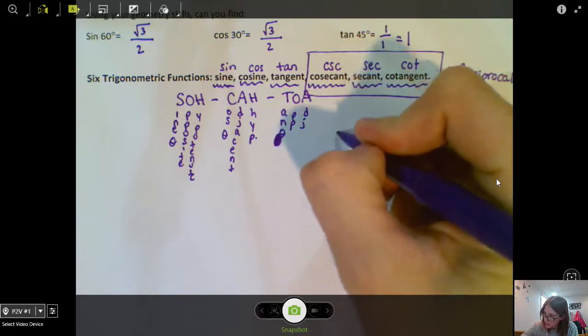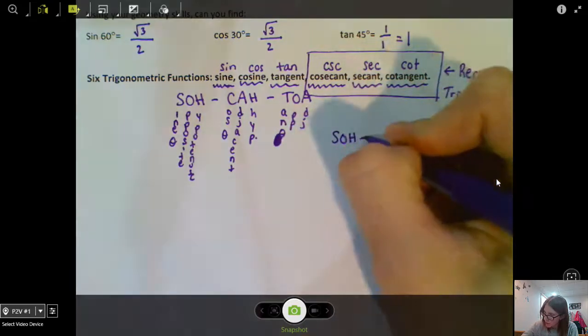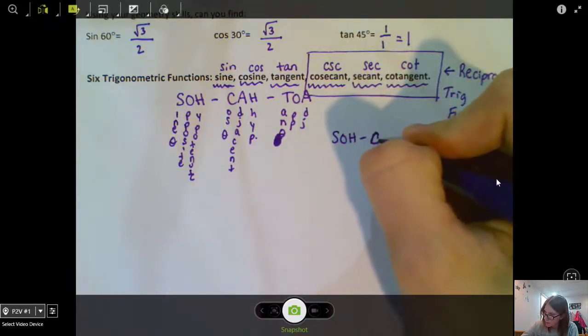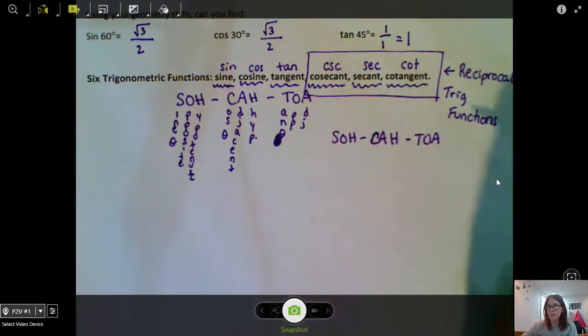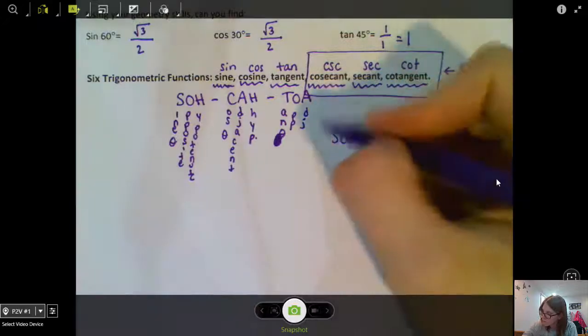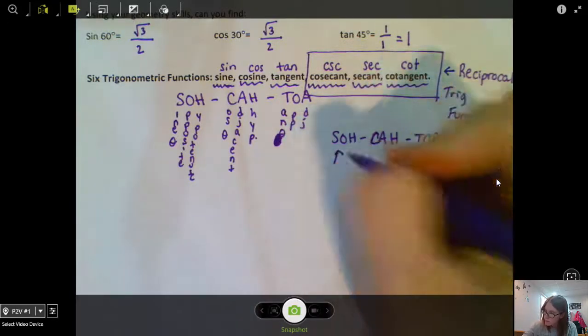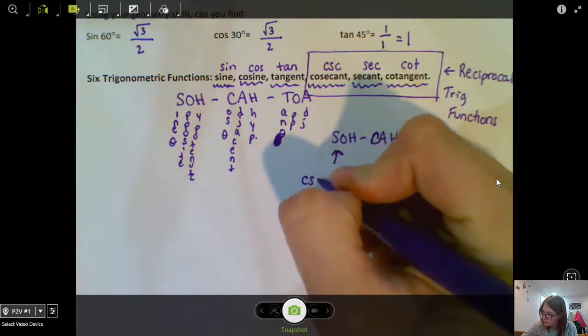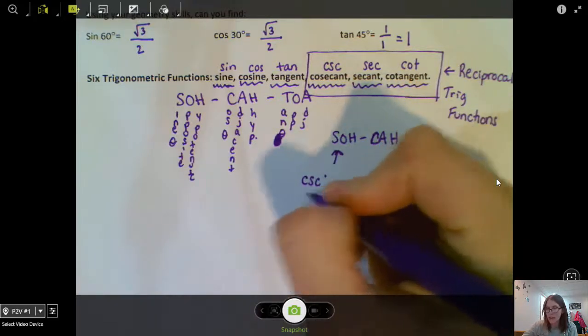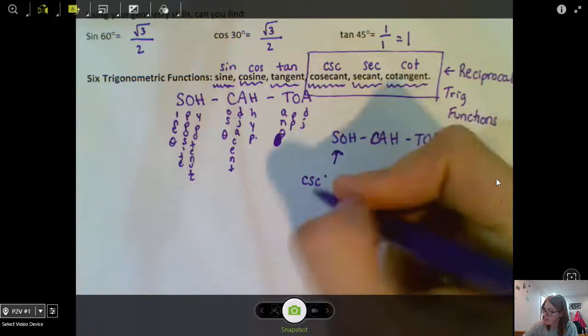I'm going to rewrite my SOHCAHTOA down here just so I have a little bit more space. Cosecant is the reciprocal of sine.